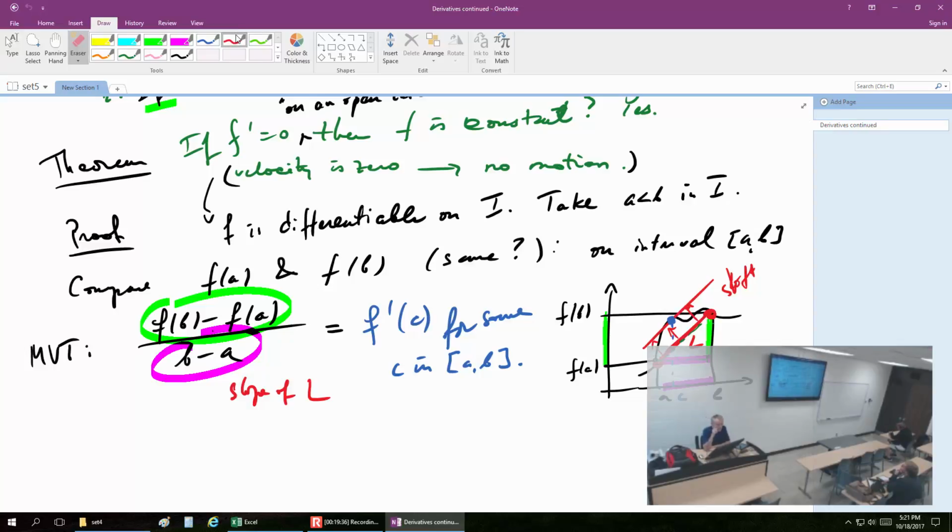What do we know about the derivative of the function? Now look at this statement of the theorem at the top.